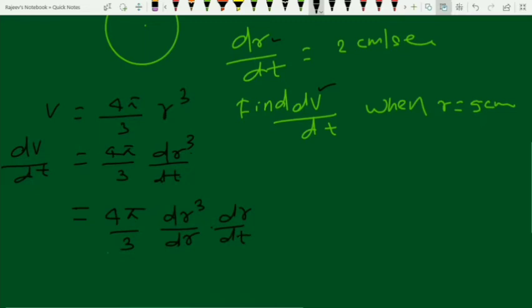So from here this becomes 4 pi by 3, and this becomes 3r square into dr by dt, which is 2. So this 3 gets cancelled, 4 times 2 is 8, so this becomes 8 pi r square. Now when you have to calculate dv by dt, at that time r is 5, so this becomes 5 square.